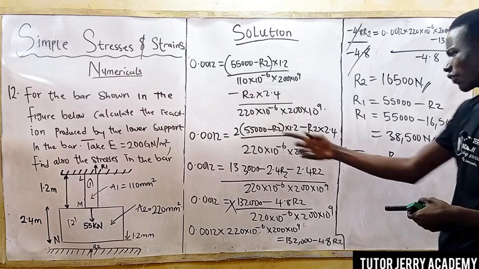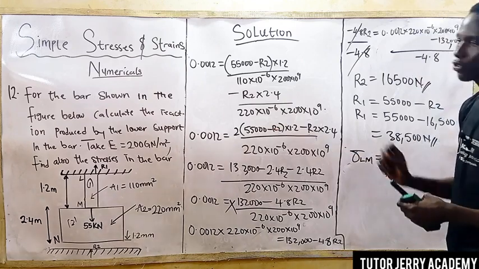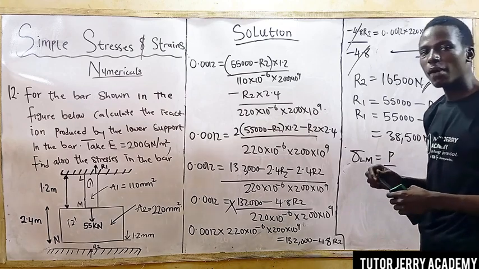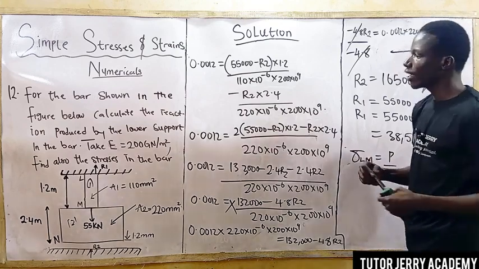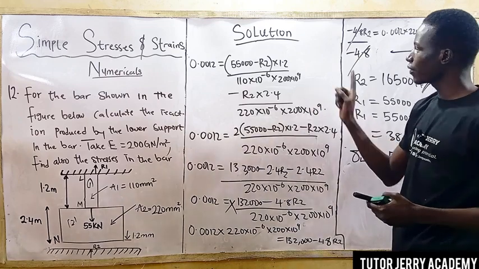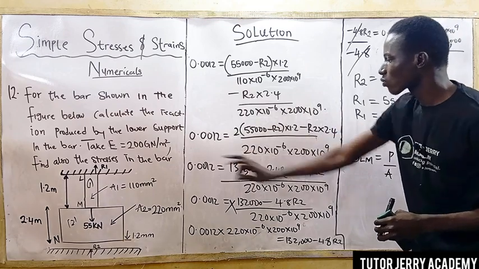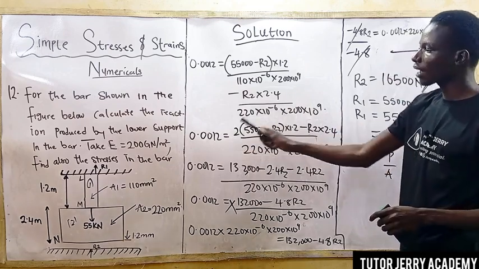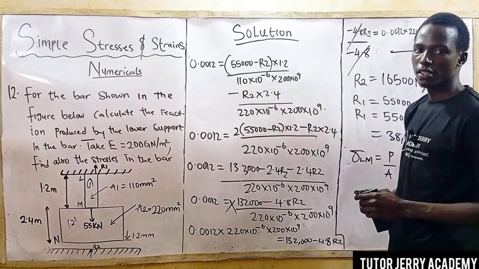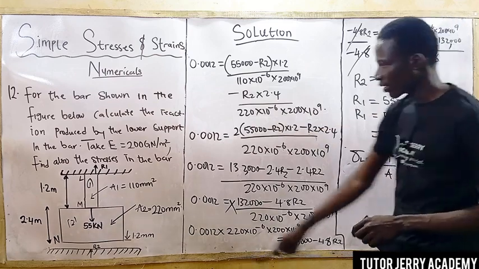Now, for the first bar, what will be our magnitude? That is our force. If you check the previous diagram I drew, you will realize that I have R1 to be the magnitude of pull for the first section. That is this section.